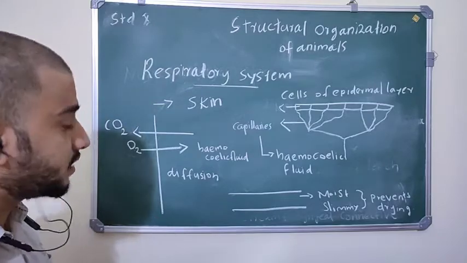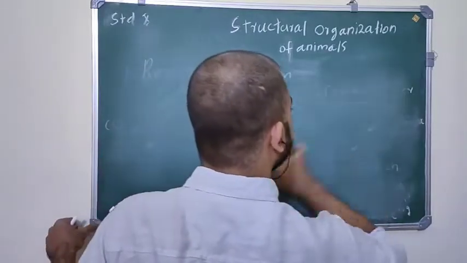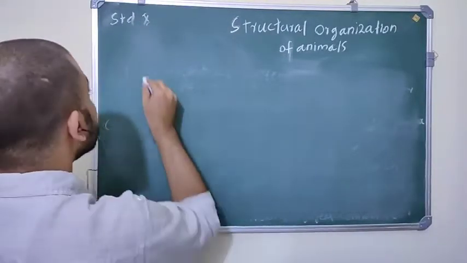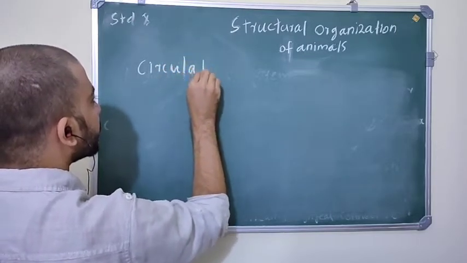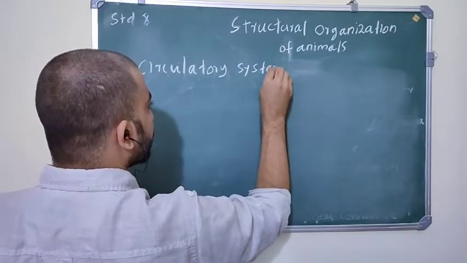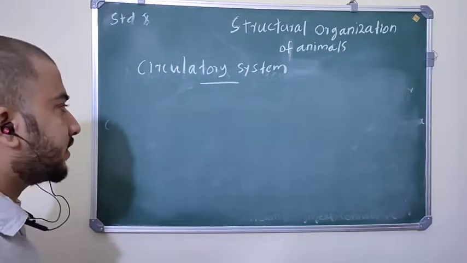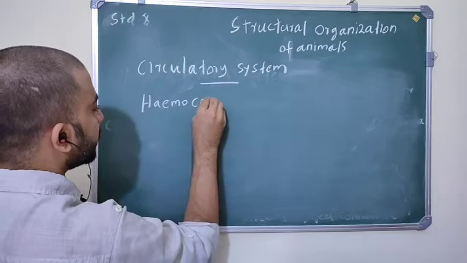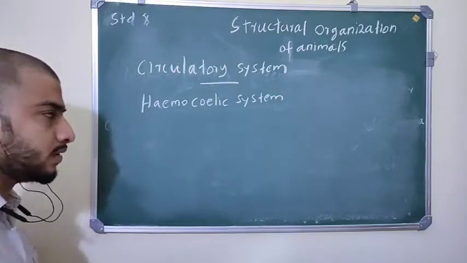Next we are going to discuss the circulatory system of the leech. In the circulatory system, leeches have a hemocoelic system.